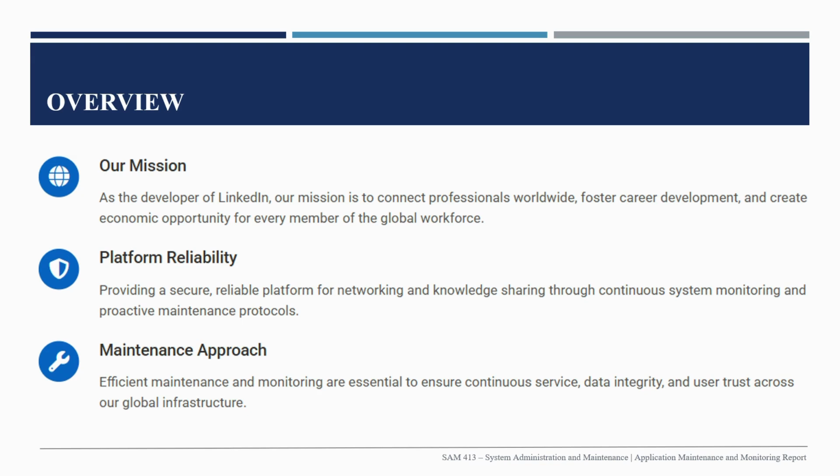And finally, we'll discuss the practical actions and protocols LinkedIn implements during system failures. This balanced approach will give us insights into both the successes and ongoing challenges of maintaining enterprise level applications in today's digital landscape.